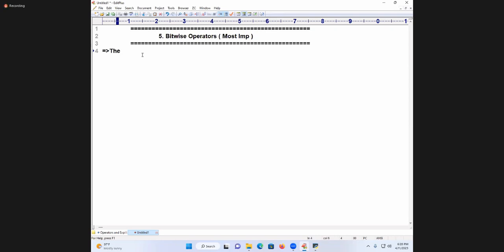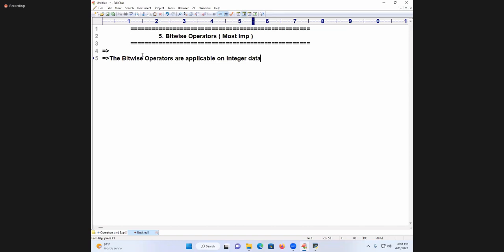Now look at that. The purpose I'll write after 2 minutes; first I will fill in the first line. So I'm writing here the bitwise operators. The bitwise operators are applicable on which data?